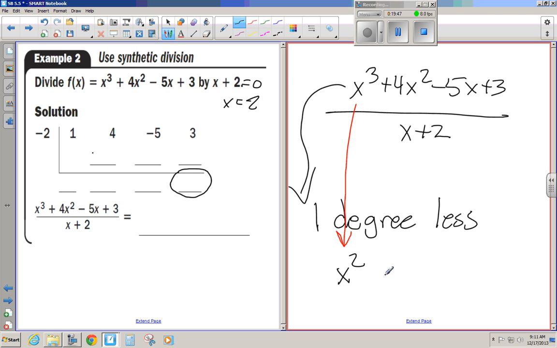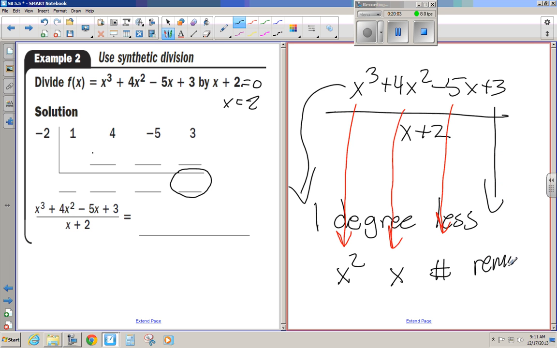The x squared becomes an x. The x becomes just a number. And then whatever this is, the remainder. All right? That's how this is set up.